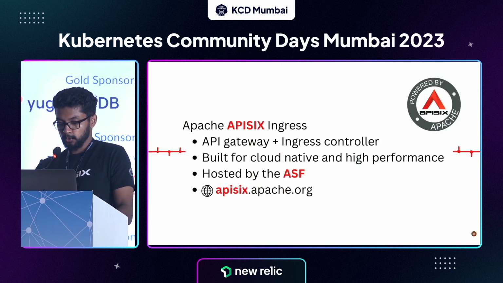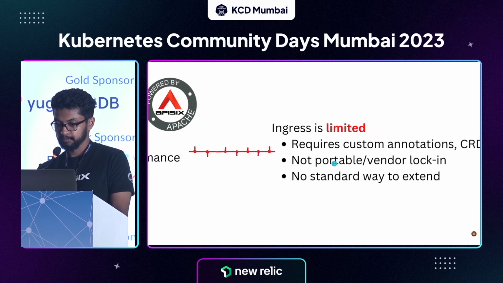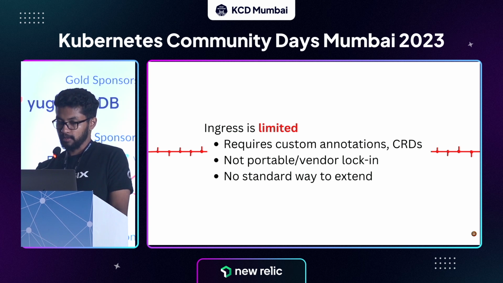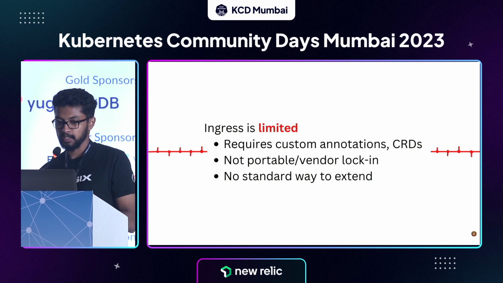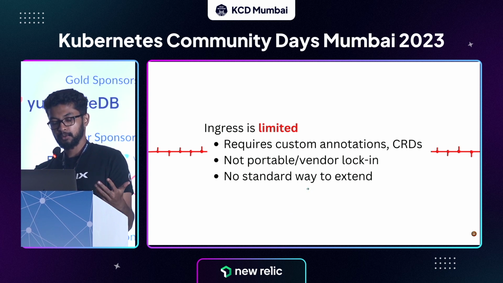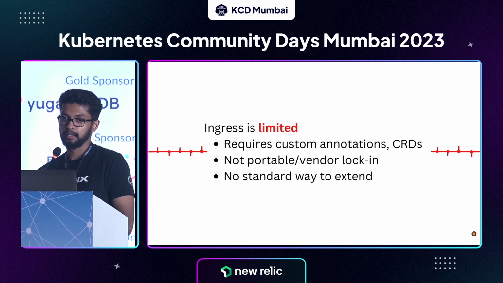And yeah, so we are at the ingress level in our evolution, but as we saw, it had a lot of limitations. So it requires custom annotations to make it useful, or it needs CRDs. And if you end up using annotations or CRDs, it becomes not portable, and you are basically locked in with that vendor. And even if you have more features, there is no standard way to extend this other than annotations.